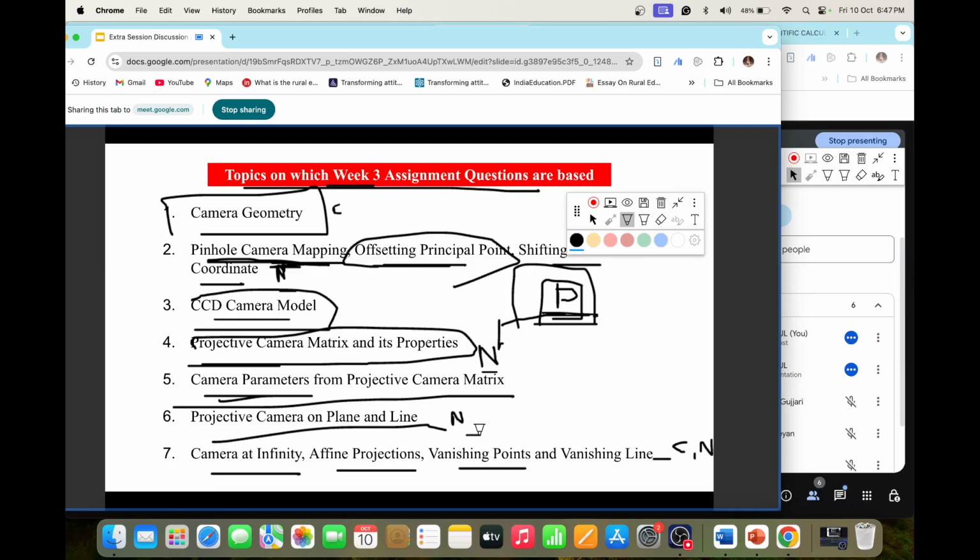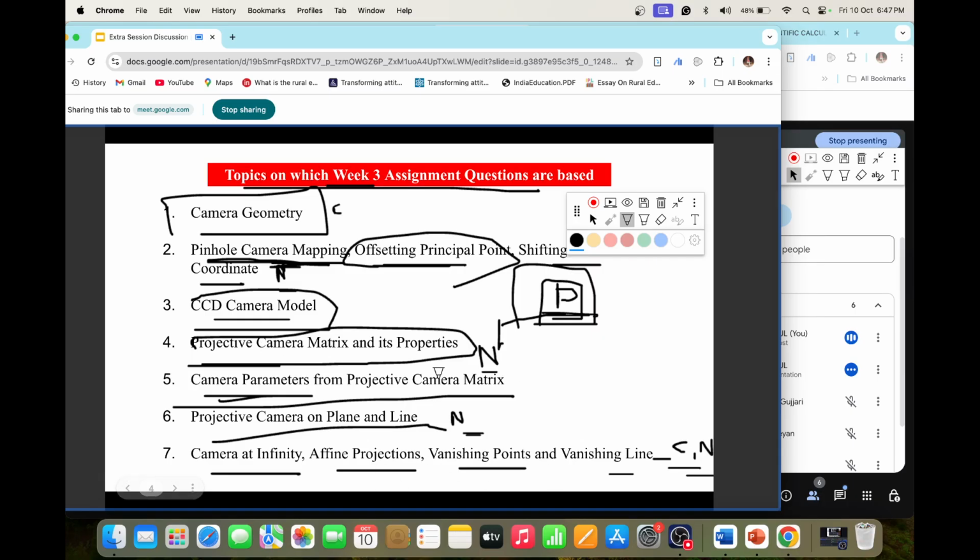If you are given a plane or line in front of the camera, then how it is projected. Again you can get numericals related to this concept. And camera at infinity, affine projection, vanishing point and vanishing line. Again, this is important from both conceptual as well as numerical points of view. So just see the formulas of all this and you can get some questions related to it.